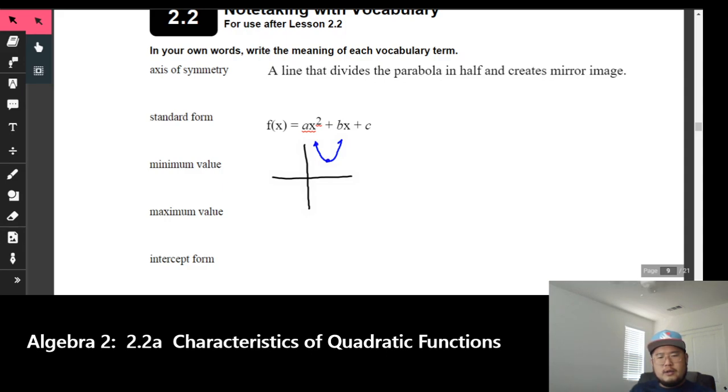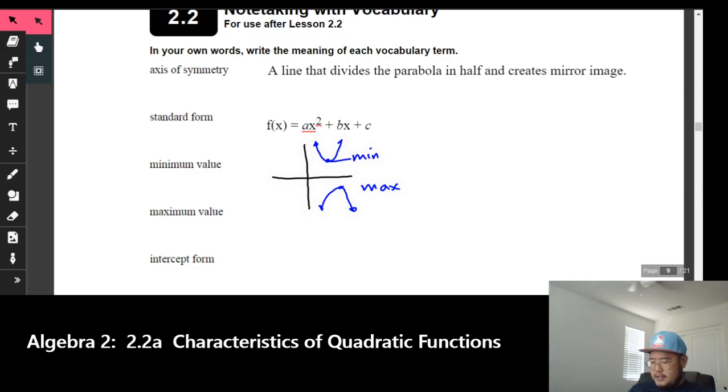And so this would be our minimum. And then if the parabola is downward facing, like so, then we have ourselves the max value. And they may ask for the values of x, or they may actually ask for the actual point itself, depending on how the problem is formatted.